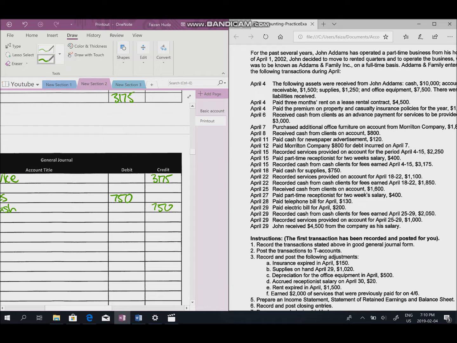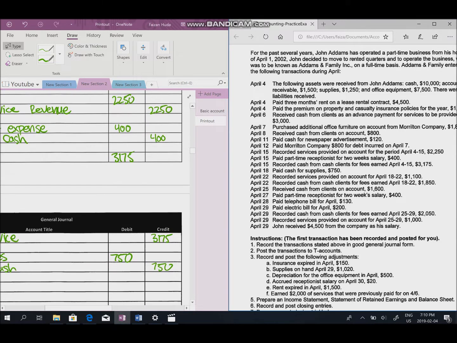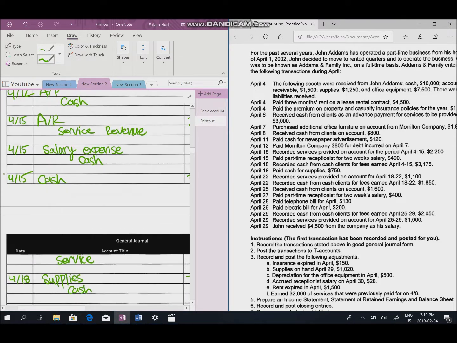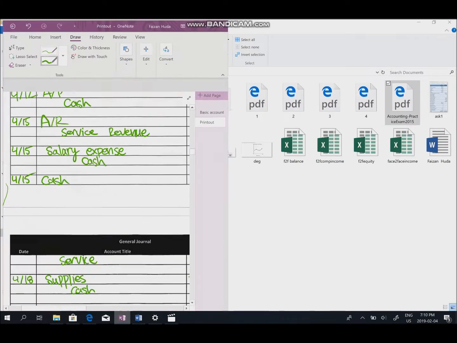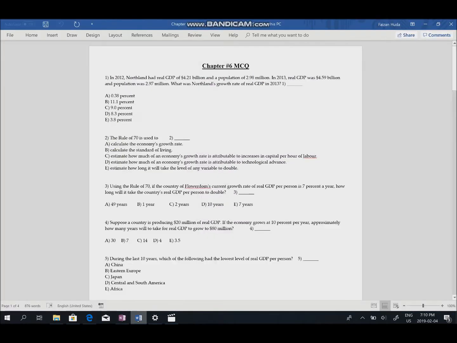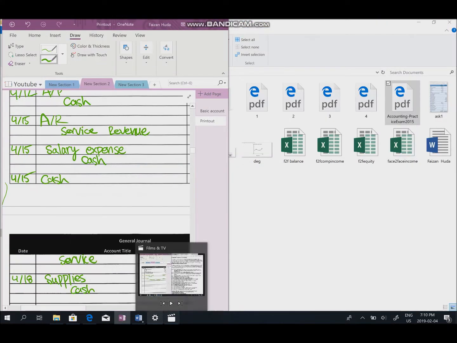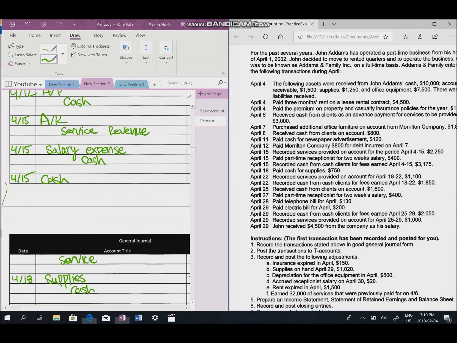Moving on, April 22. We recorded cash from cash clients for fees earned. This transaction is basically the same as the April 15 one we did above. Sorry about that, guys.